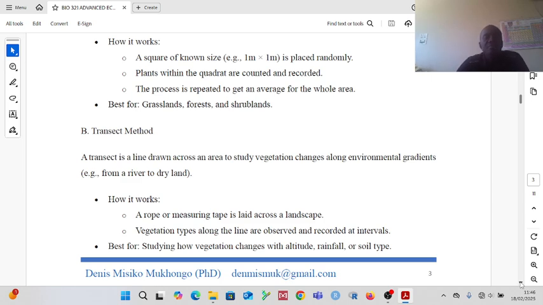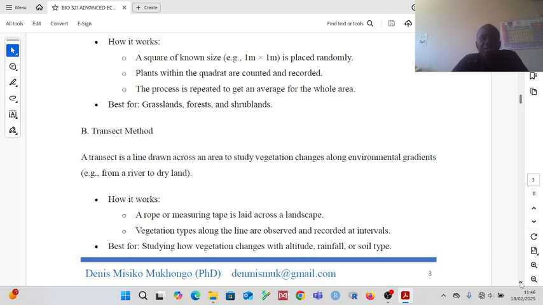Then you draw a line from the river all the way to the dry land, walk along that line, and keep recording and analyzing the vegetation types as you observe them change at particular intervals.